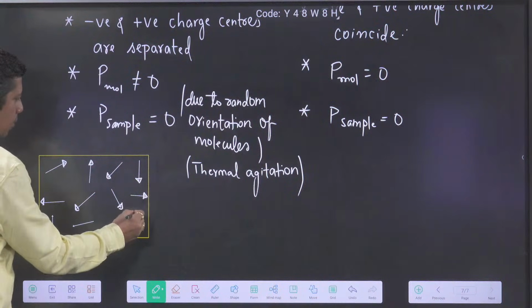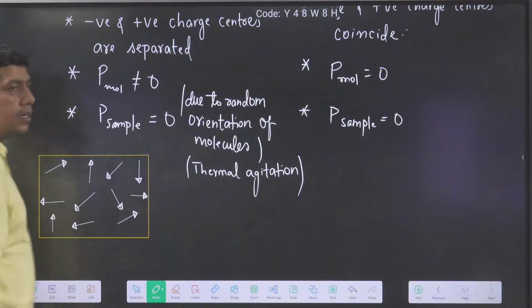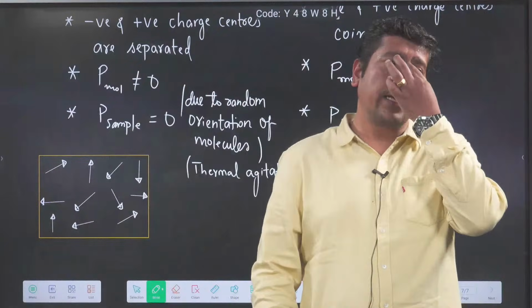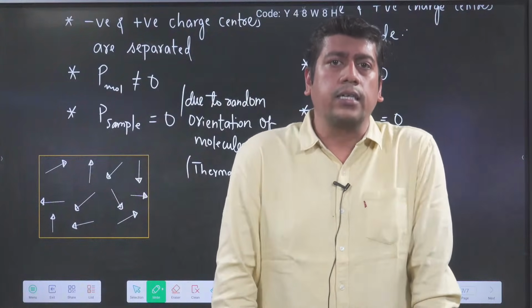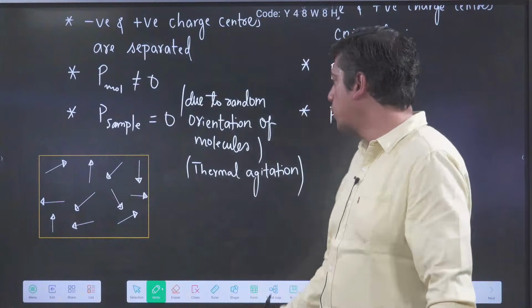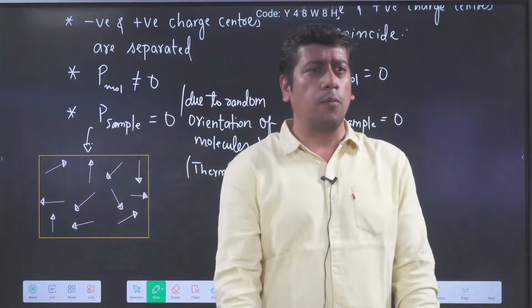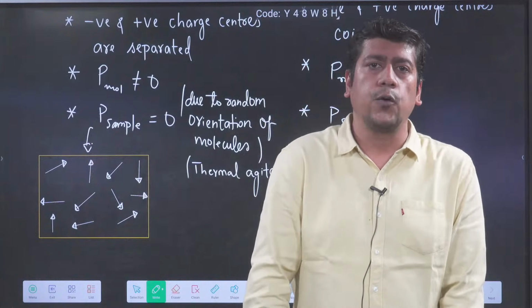So although one molecule has a dipole moment, if you take the vector addition of the dipole moments of all trillions and trillions of molecules, it will come out to be 0. So that's why we are saying the dipole moment, I hope you remember dipole moment, Q into D, of the sample is 0.